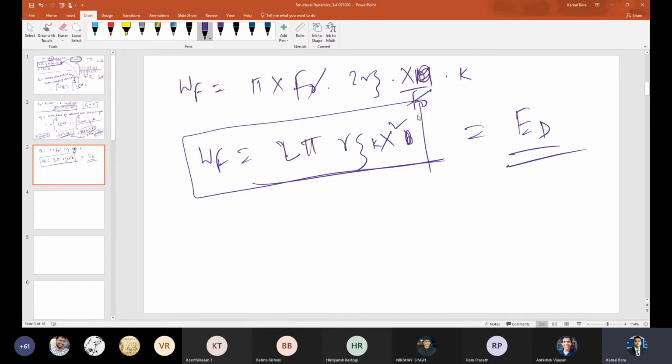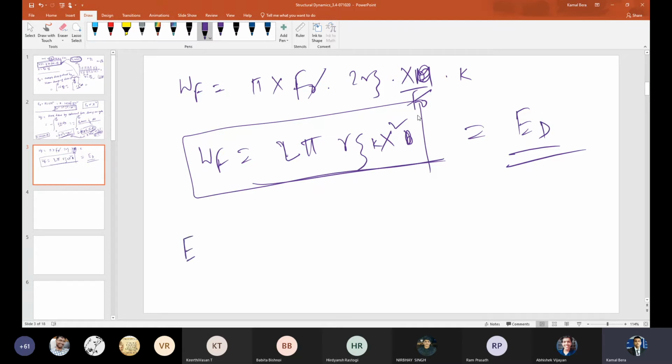So what we will do is an experiment on a building, or a structure, and find out how much energy it is dissipating. Let's say we have performed that and obtained E star.